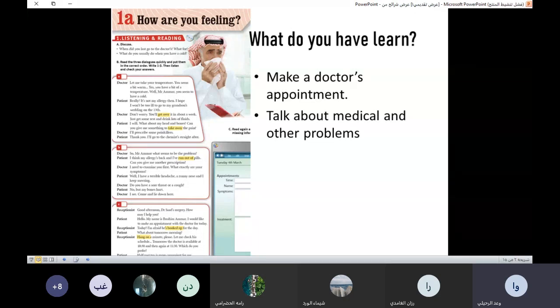Now, here in conversation C, the doctor asked the patient what his symptoms were. Do you know the meaning of symptoms? What is the meaning of symptoms? أعراض. Yes, thank you. So, you should know how to tell the symptoms that you're facing now.